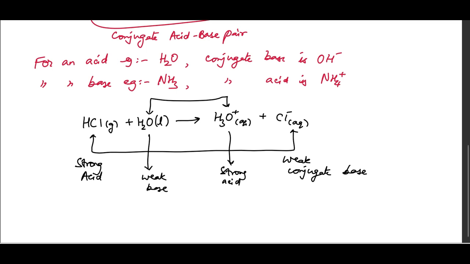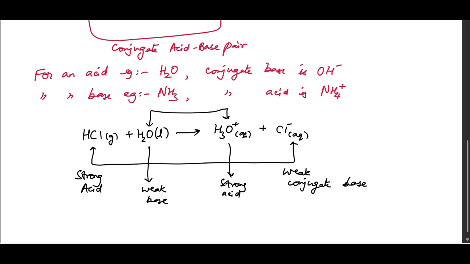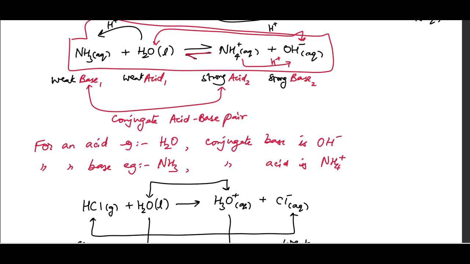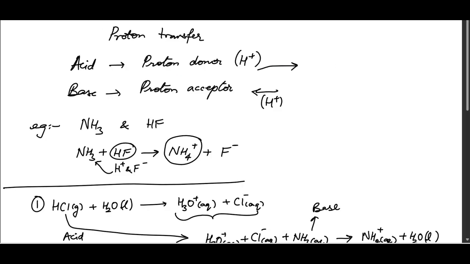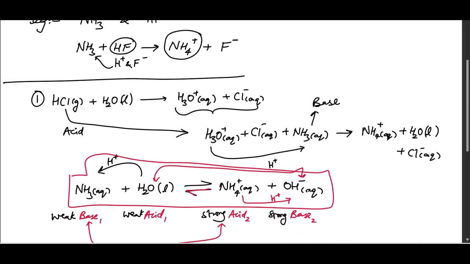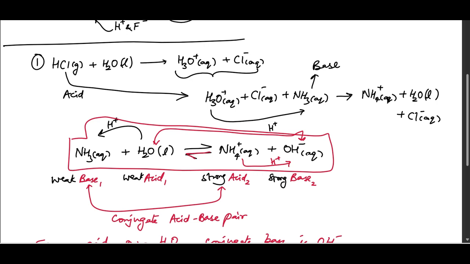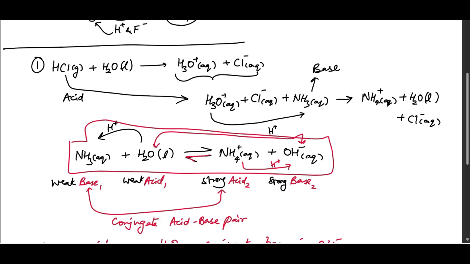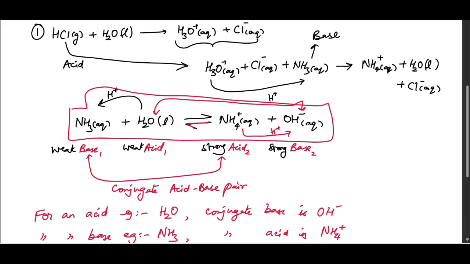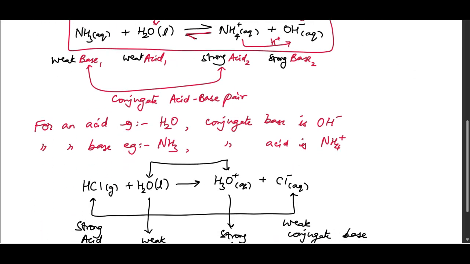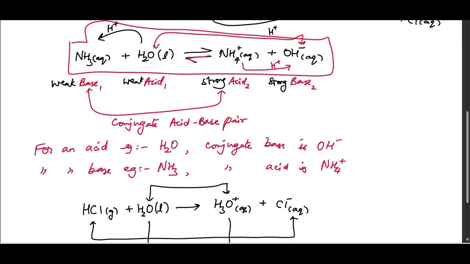Now, we also noted through both these examples that H2O acts as an acid in one situation and as a base in the other. Correct. In the first case, HCl plus H2O, H2O is acting as a base because it is converting into the hydronium ion. Whereas in the case of NH3 plus H2O, H2O is acting as an acid.